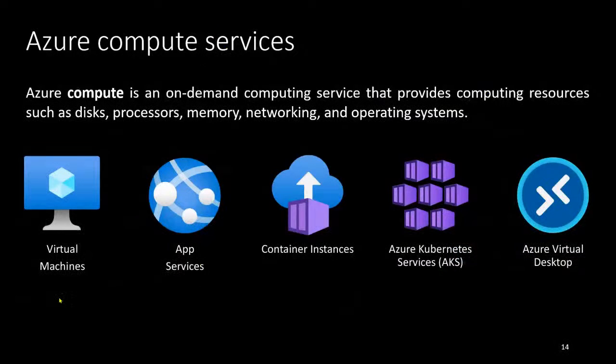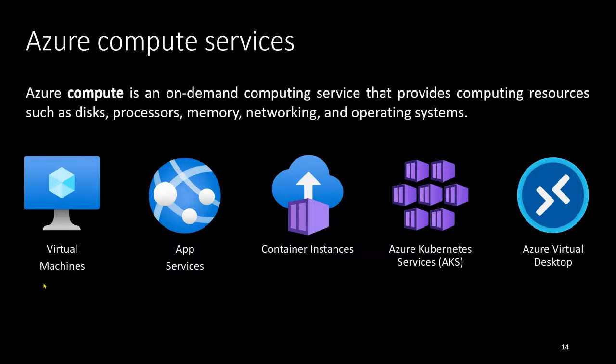Okay, so these are the Azure compute services that we have. Virtual machines we have talked about, app services we have talked about, and container instance is something where you deploy a single container, if you have used Docker. We don't want to go too much into the details of each and every one, but you should understand VMs are where you can choose the operating system.